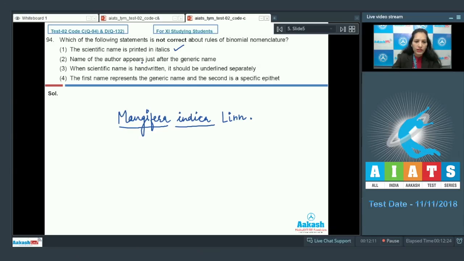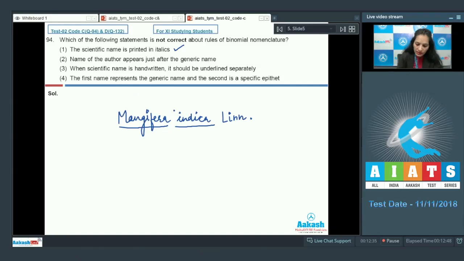Second, name of the author appears just after the generic name. No. Here you can see this is the generic name and this is the specific epithet, and this is the author's name in abbreviated form. So this author's name is written after the specific epithet, not after the generic name.